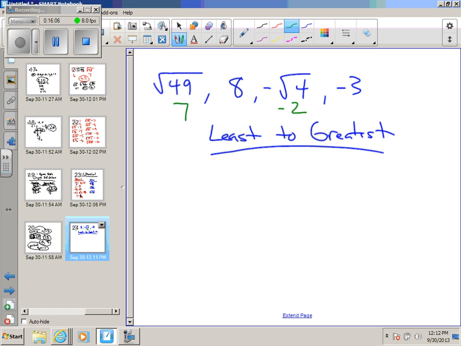Followed by which one? But I'm not going to write it as negative 2. I'm going to write it as the negative square root of 4, right? In their original form. And then the 8.